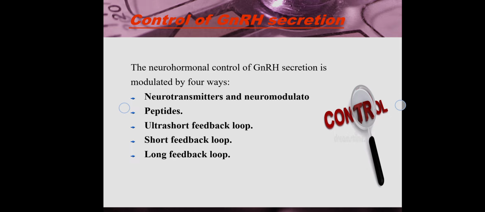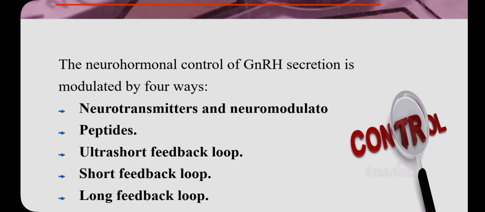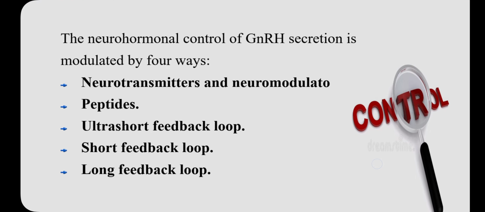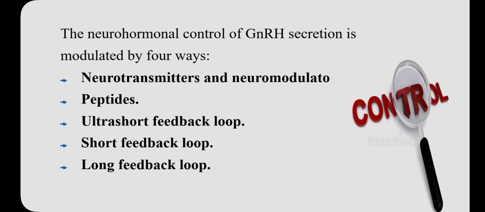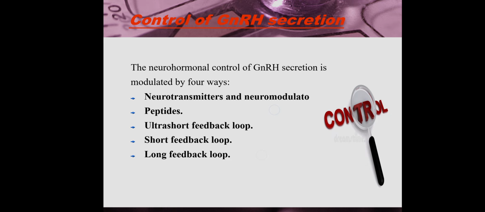Now coming to the control of the GnRH secretion, how the neurohormonal control of the GnRH secretion is maintained. It is modulated in 4 ways. First is the neurotransmitters and the neuromodulators. Second is the peptides. Third is the 3 types of feedback loop: the ultra short feedback loop, the short feedback loop, and the long feedback loop.